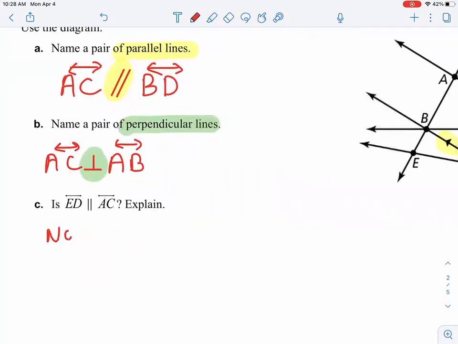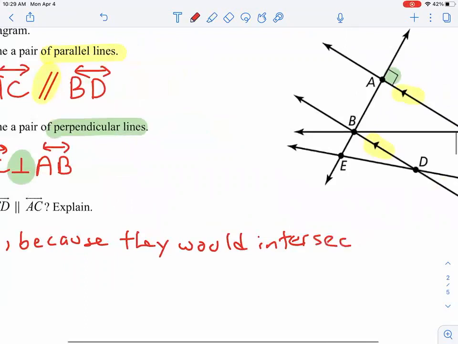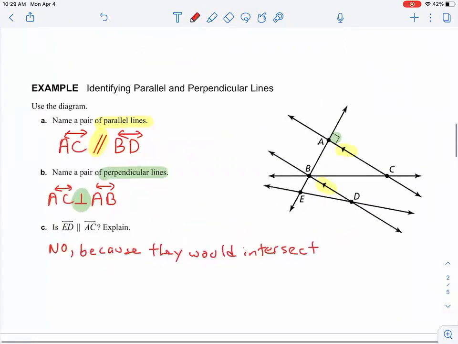No, because they would intersect. So no, those two lines are not parallel because they would intersect.